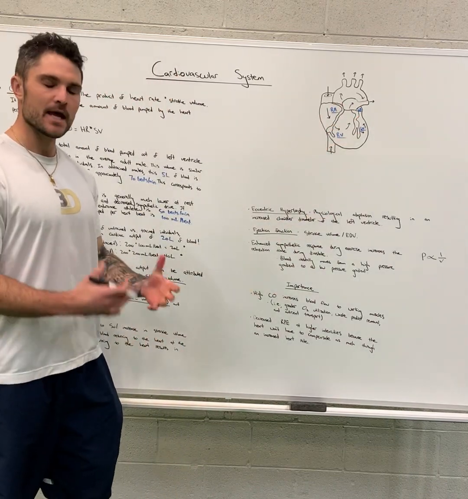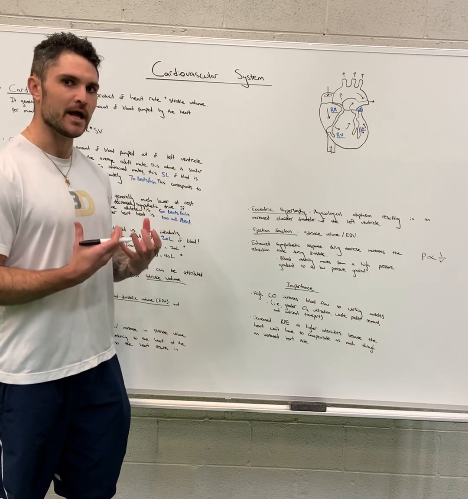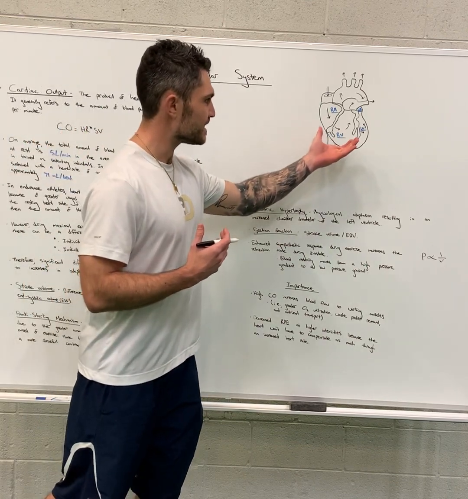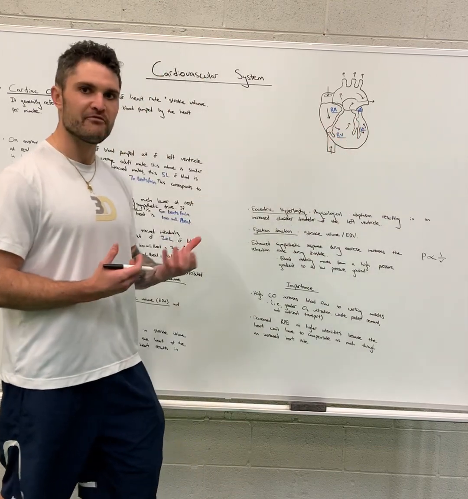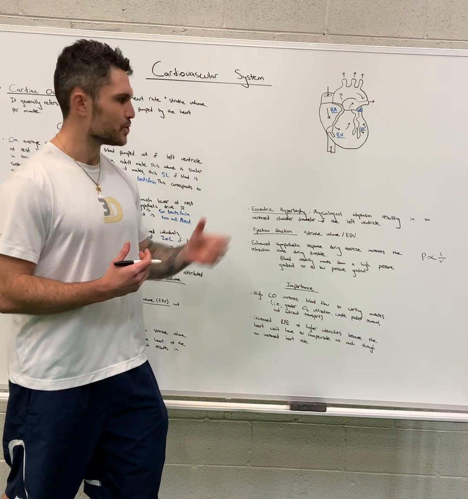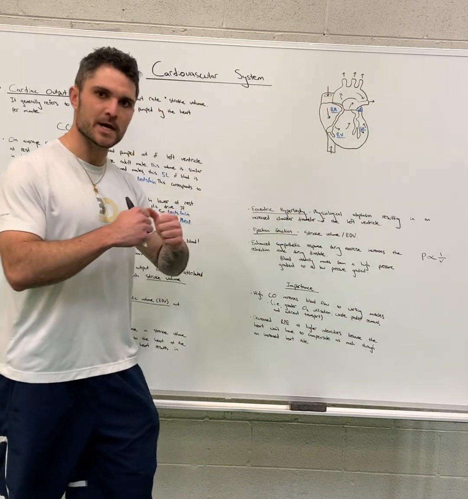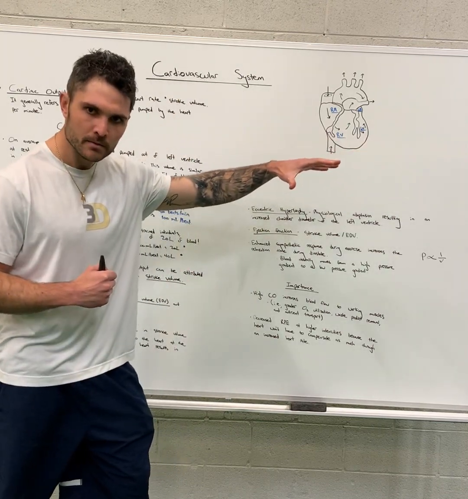Now, the end diastolic volume is the amount of blood that is within the right and left ventricle before systole, right? So when the right and left atria contract together, they fill the right and left ventricles with blood.